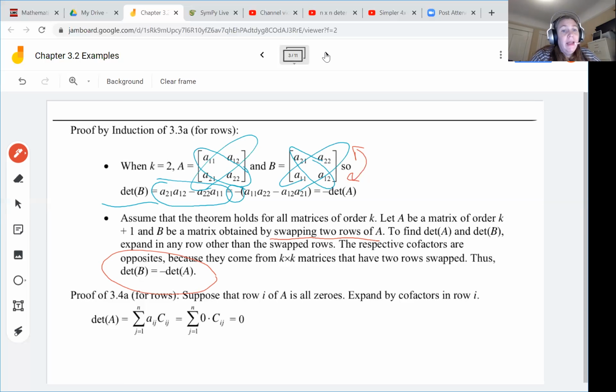All right, let's take a look at the proof of 3.4a. So this says that you get a determinant that's equal to 0 when an entire row or an entire column consists of 0.